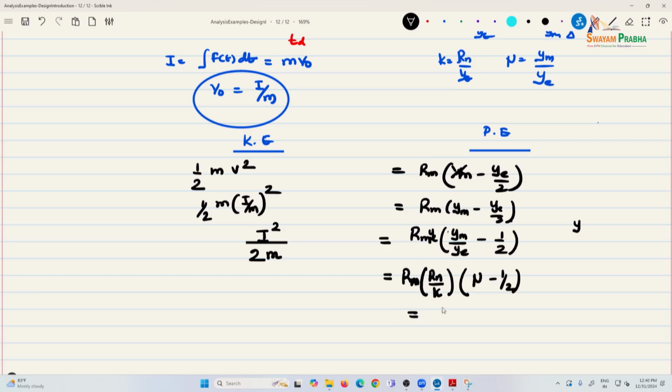So am I missing anything? So you have here Rn square, and what is omega? Square root of k by m. So what you have is k is equal to m omega square. So Rn square divided by m omega n square, 2 mu minus 1 divided by 2.